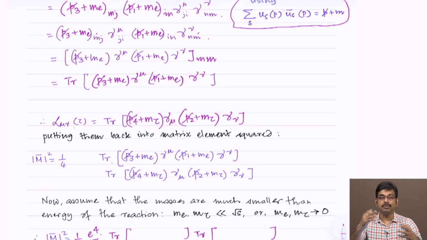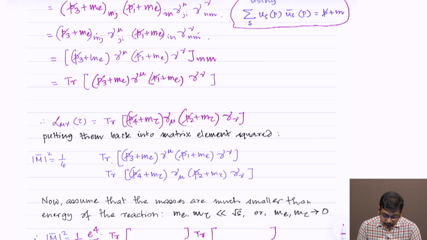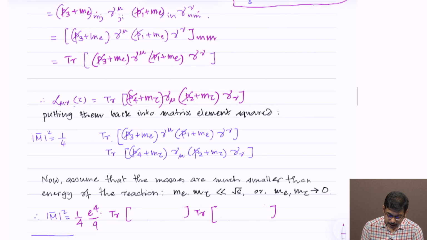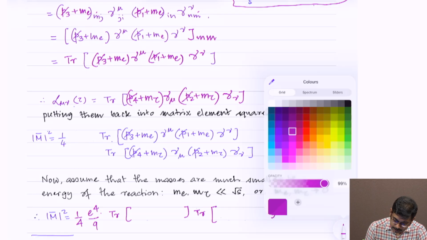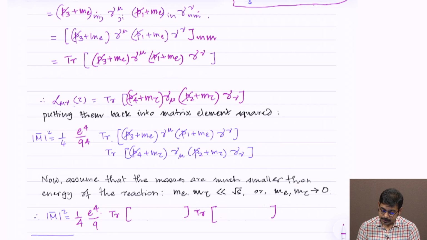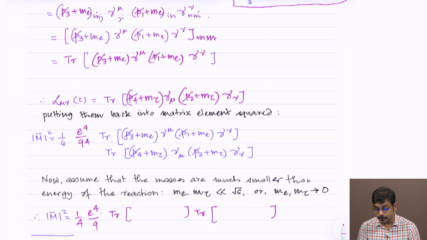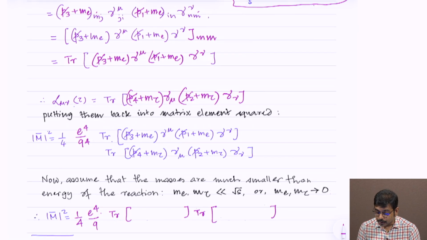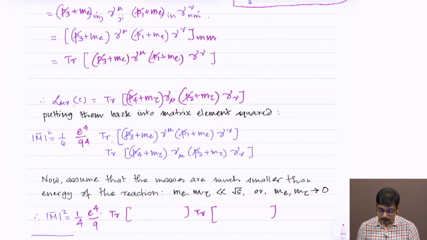So this is L mu nu tau. So in a sense, if you have to write the unpolarized matrix element squared, this is 1 by 4 e to the power 4 by q to the power 4, trace of P3 slash plus m e gamma mu P1 slash plus m e gamma nu, times trace of P4 slash plus m tau gamma mu P2 slash plus m tau gamma nu.